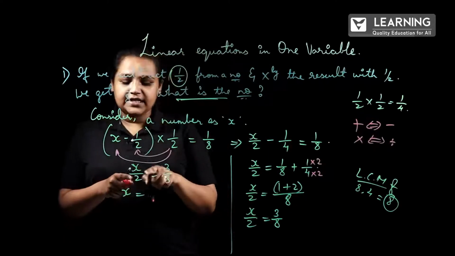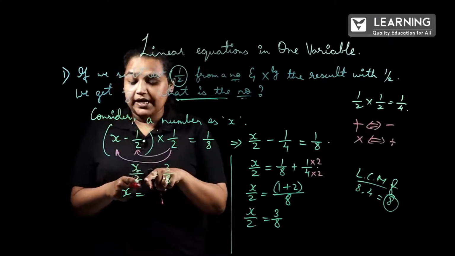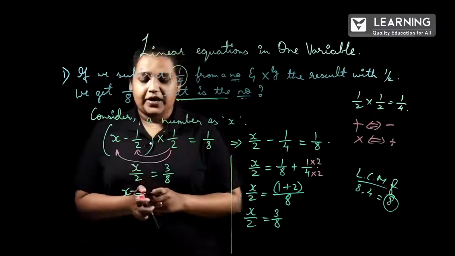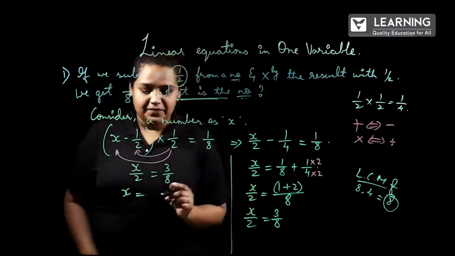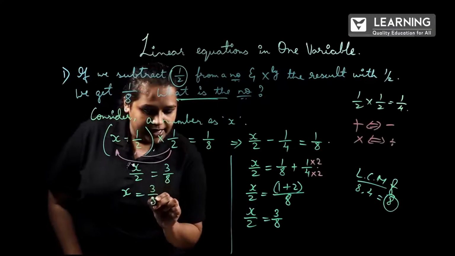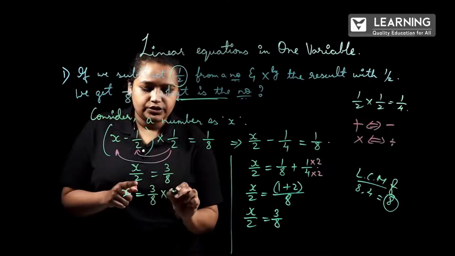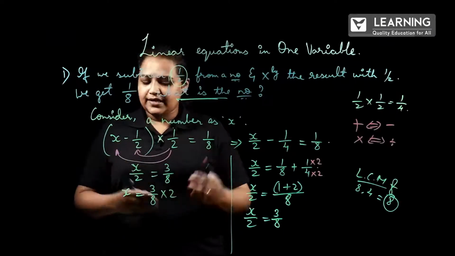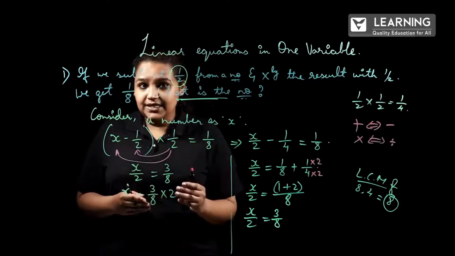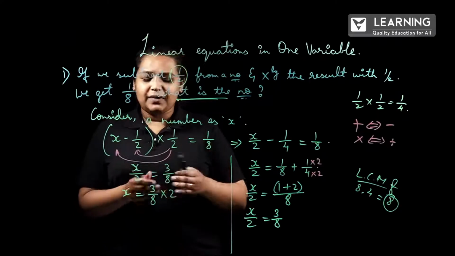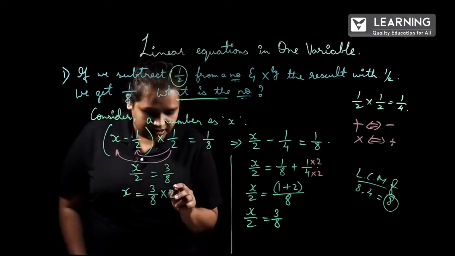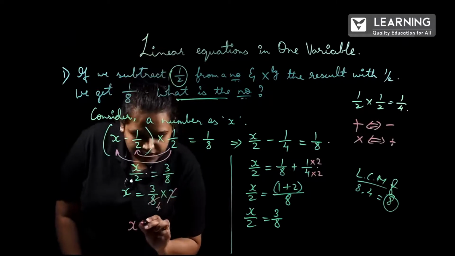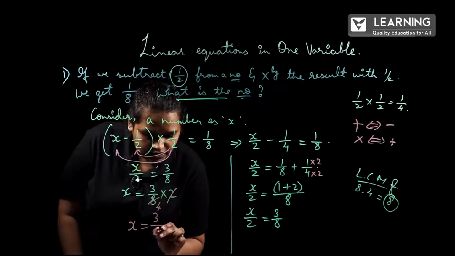Here division is there, divided by 2, the denominator. When it goes to the other side, it becomes a product, meaning we have to multiply it: 3 by 8 into 2, correct? Now, just see whether we can reduce it or cancel any number. If yes, cancel it. If no, just multiply the numbers and keep it as the answer. Here 2 ones are 2, 2 fours are 8. So, the value of x will be equal to 3 by 4.